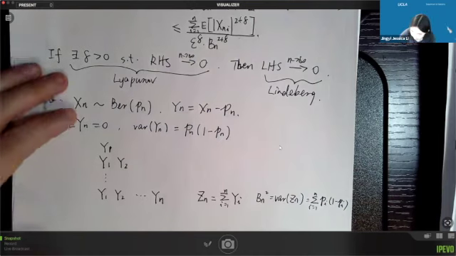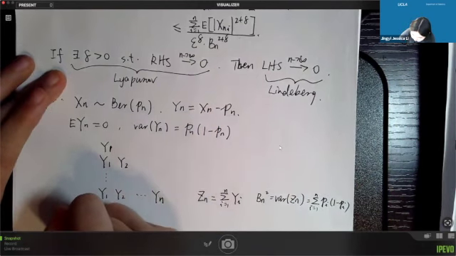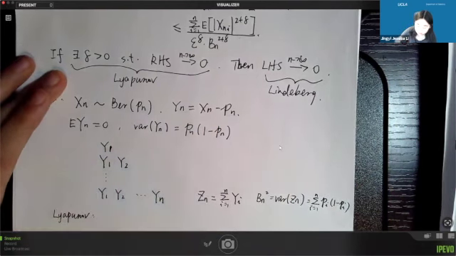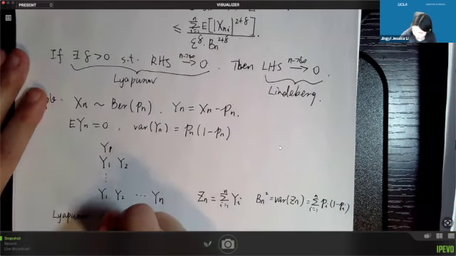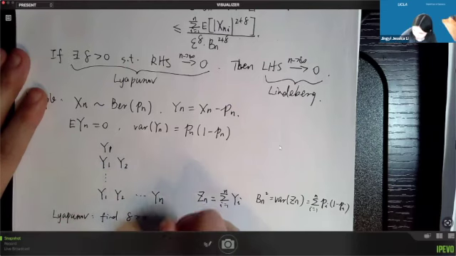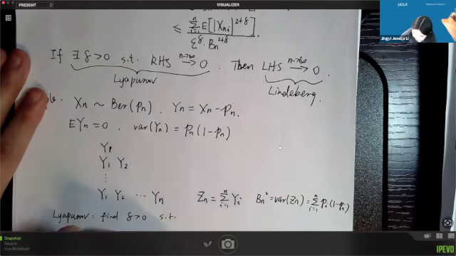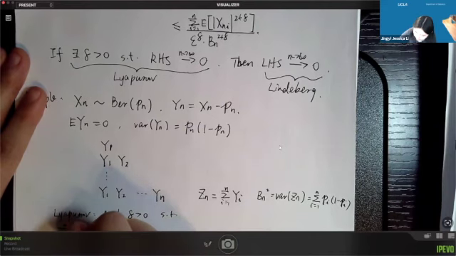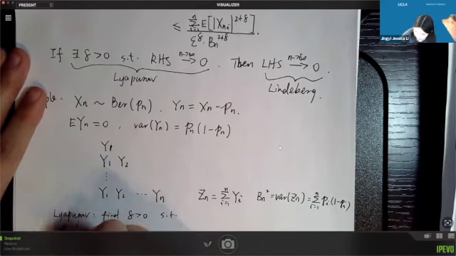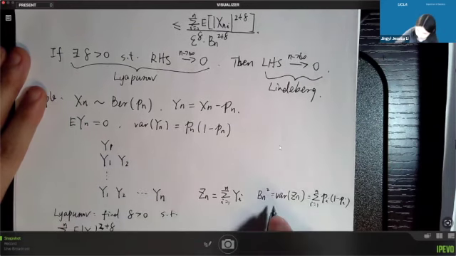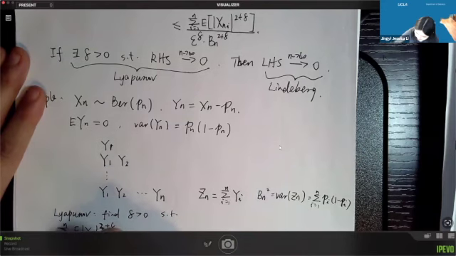The Lyapunov condition in this case is to find a delta greater than 0, such that the summation i from 1 to n of the expectation of absolute Yi to the 2 plus delta, divided by Bn to the power 2 plus delta, goes to 0 as n goes to infinity.